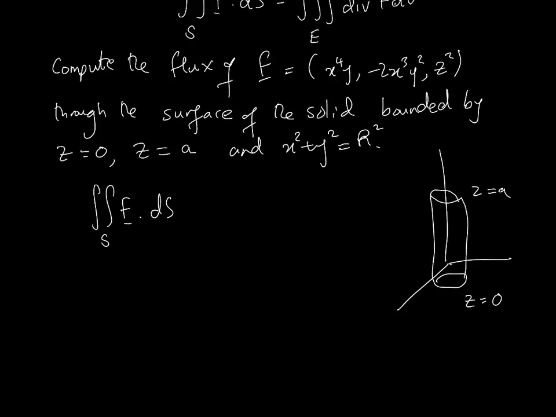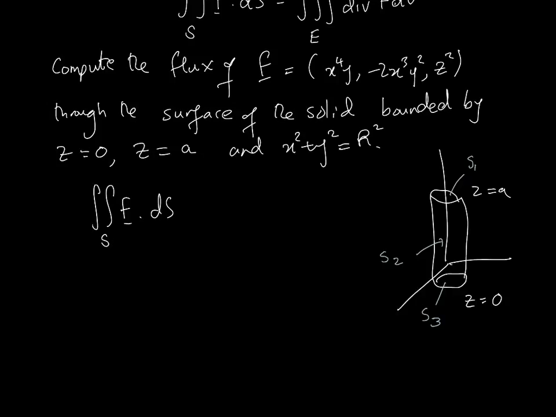If we were to think of this as surfaces, this is the disk S1, the cylindrical surface S2, and of course the cylinder's bottom, S3. So you'd have to break up this integral into three surface integrals, over S1, S2, and S3. So the two disks and, of course, the cylinder itself.